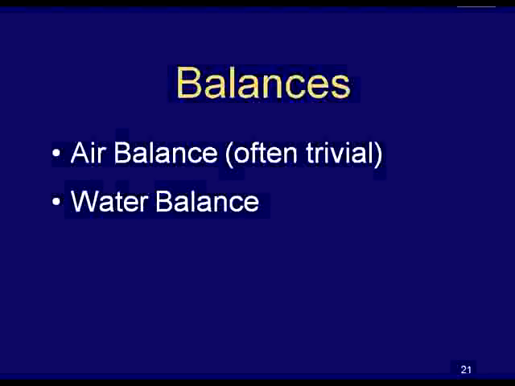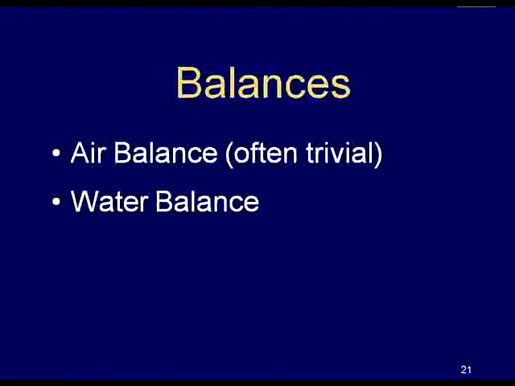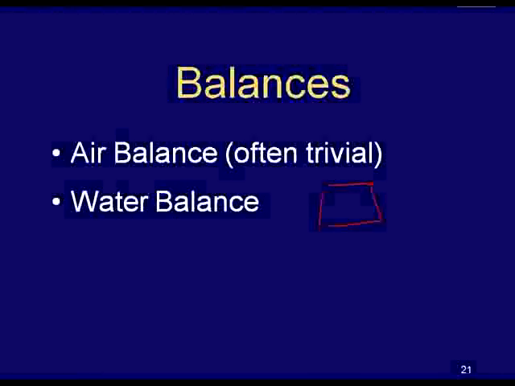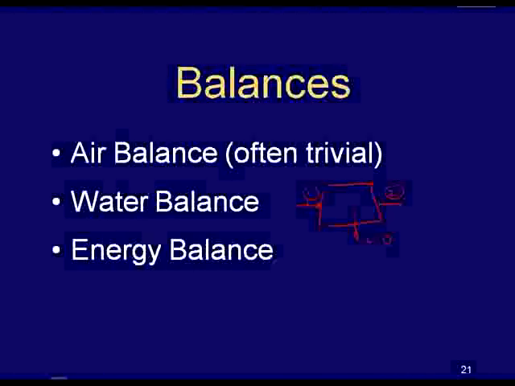We've done the water balance, and we looked at the evaporator where water was condensing out. Some water came in with the air at state 1, let's say, and some water came out with the air at state 2, and then you have some liquid water. So you have to balance the water in and out of the process. We've done an energy balance. That's pretty much it for properties.